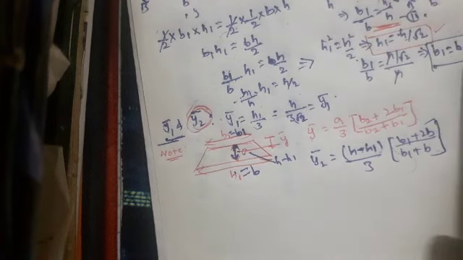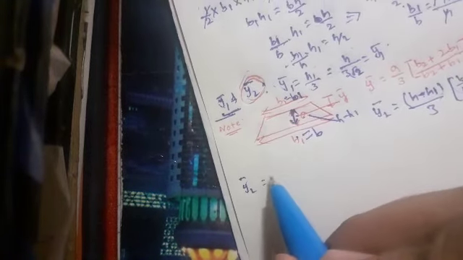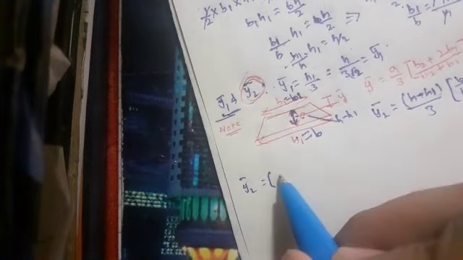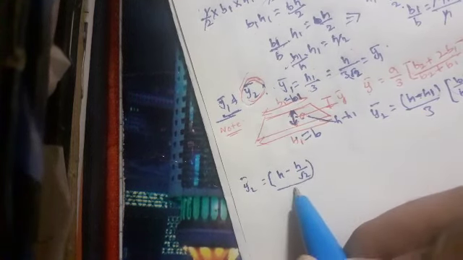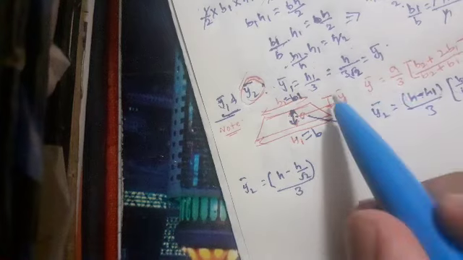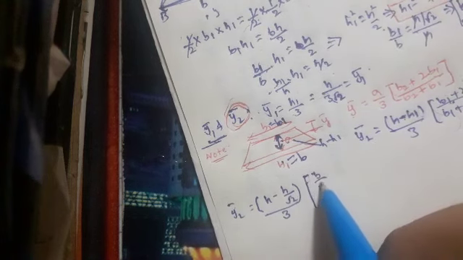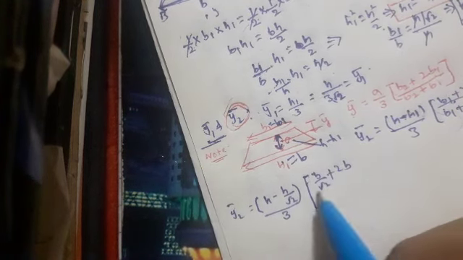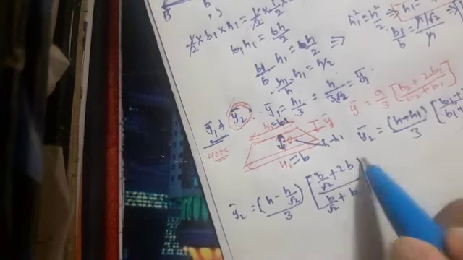On simplification and substitution, y2 bar is equal to h minus h by root 2 by 3 into b by root 2 plus 2b divided by b by root 2 plus b.